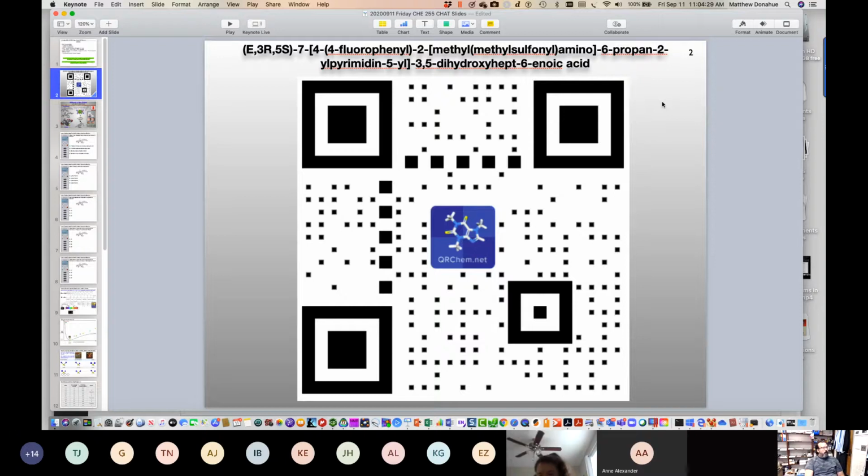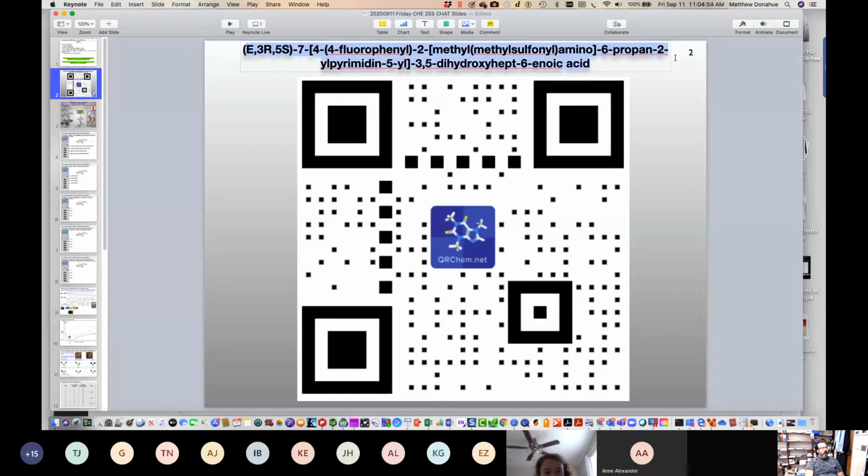That may look intimidating now, but this semester we will learn the algorithm for converting a name into a structure. I said before, in Western culture, we're taught to read left to right when we're reading anything, and that's how you would read this name.